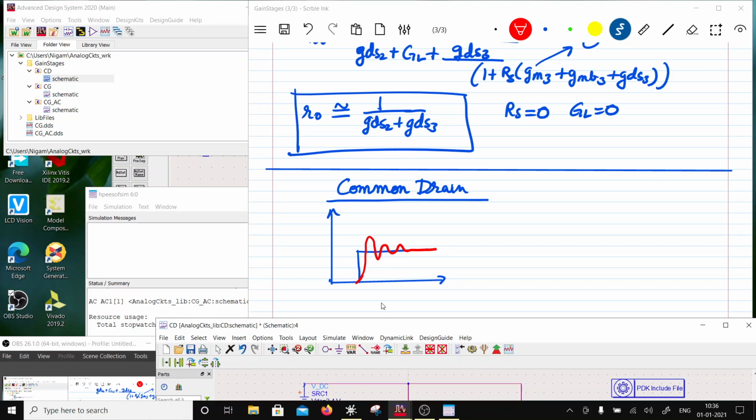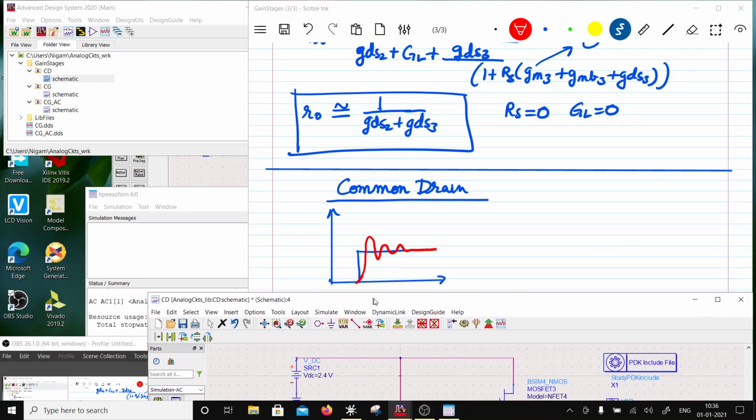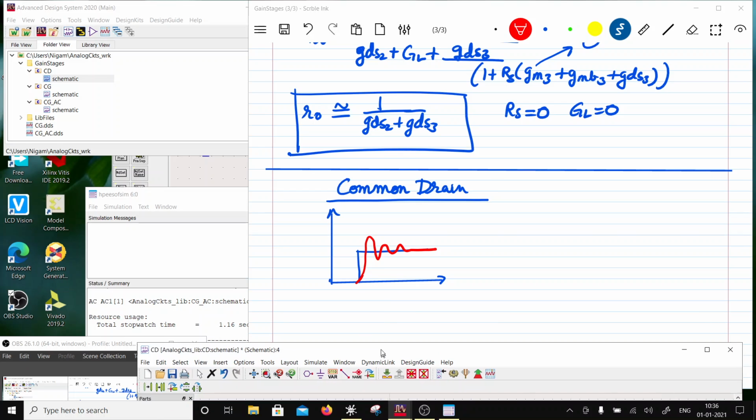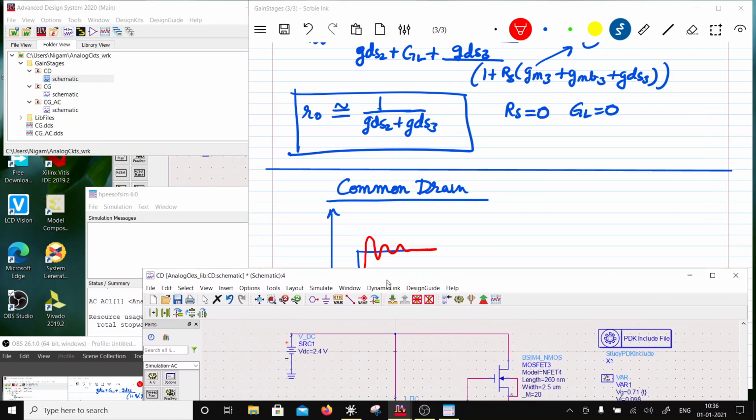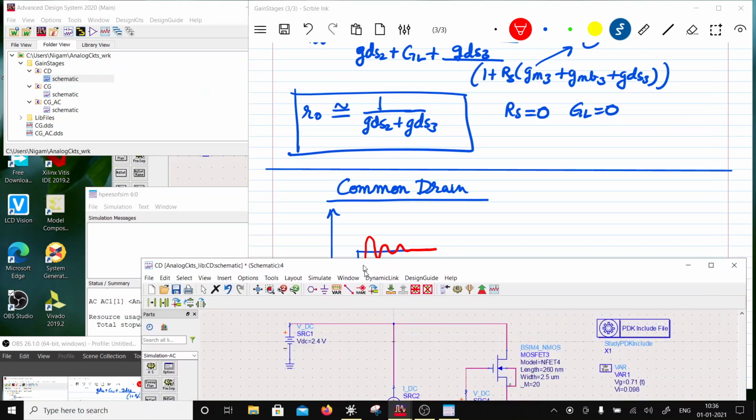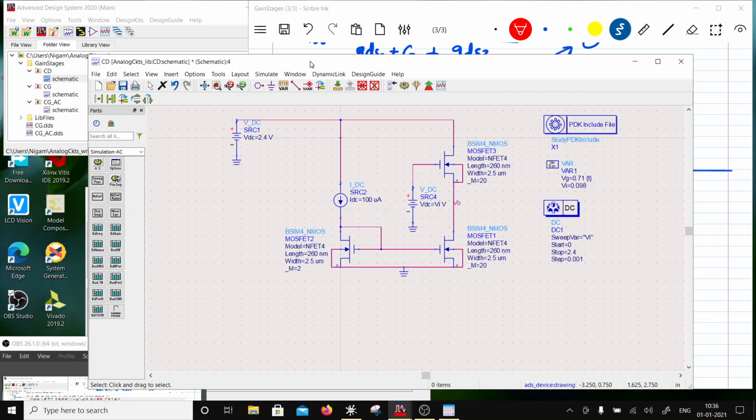But if you increase R, that means you are damping it less. In that case, there would be a large overshoot. So it behaves like a second order system, right? I'm not going to go into the details of this, but let's say I do the static characteristics, sweeping VI from 0 to 2.4 volts, and VO is over here, and this is my circuit.